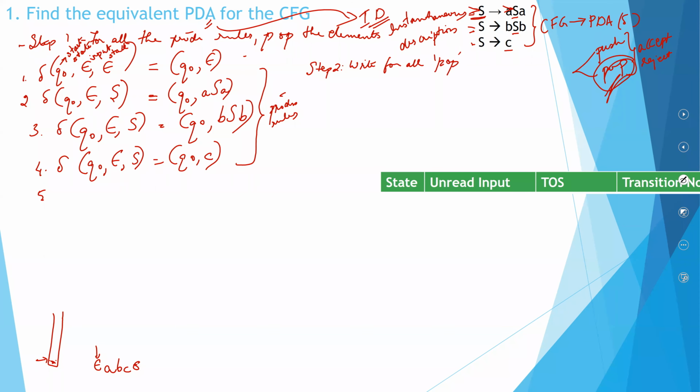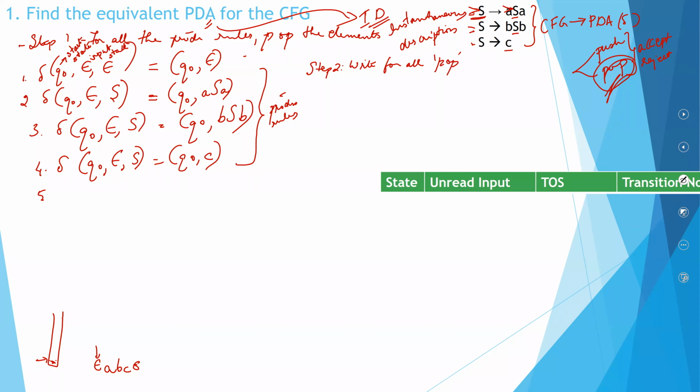Now, the top of the stack is S and I am planning to read A. Now come to the table. The top of my stack is S, which means either 2 or 3 or 4. You can either go to step number 2 or 3 or 4. But the character you need to read is A, which means only this is possible.